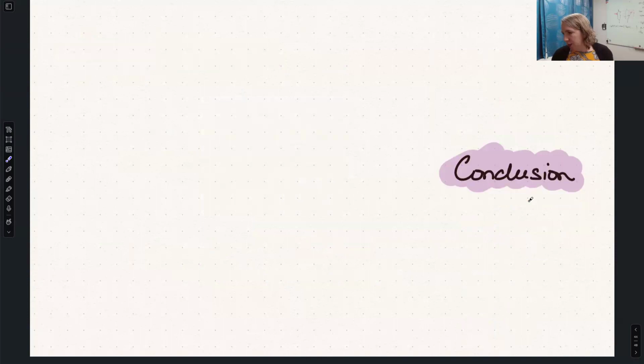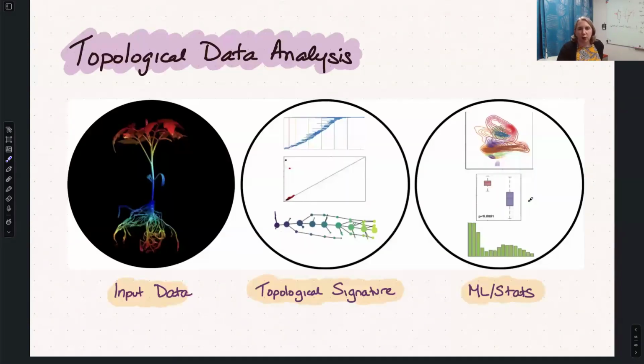Let me just conclude so there's enough time. The whole idea here, at least the way that I view TDA, is trying to figure out how to take input data and come up with a good topological signature, and then a good way of turning that into something I can do statistics and machine learning on.